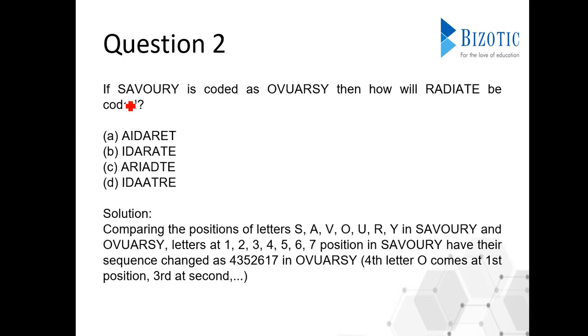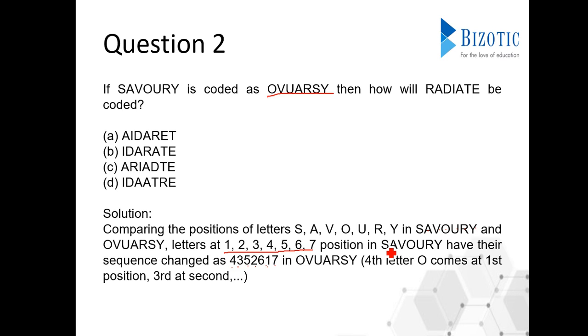Okay, when we compare the positions of SAVOURY and the other hint that we have, OVUARSY, what we first have to do is write S as 1, A as 2, 3, 4, 5, 6 and 7. That's what they have numbered here, the position of savory. Now that sequence is changed in this form: 4, 3, 5, 2, 6, 1, 7.